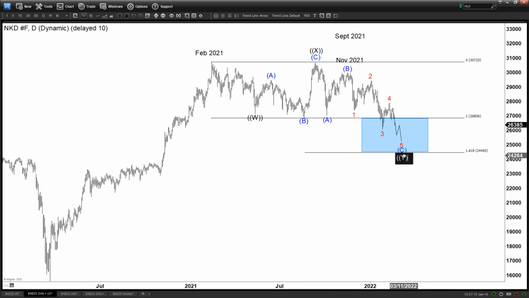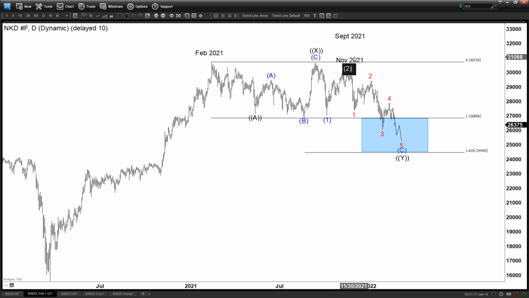However, if this is a flat, a regular flat, then this potentially can be only. Now if this is a regular flat, it's not even possible, and the reason for that is your wave 3.